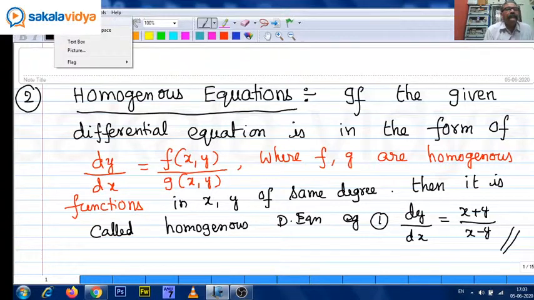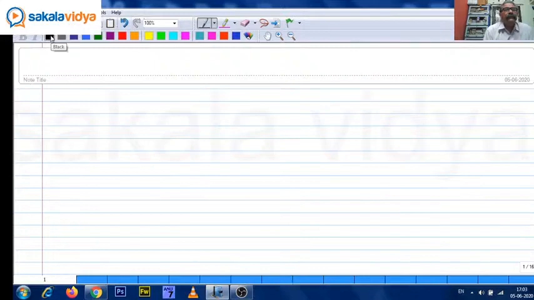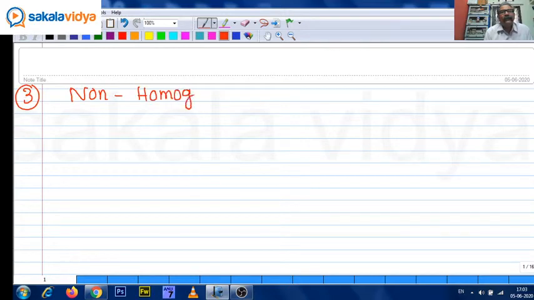Next one, the third point, is non-homogeneous equation.